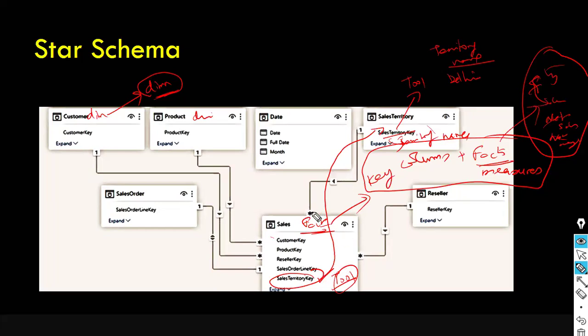But behind the scenes, since you have created a relationship, it goes, hey, T001, what is the corresponding territory name? Give me that. You can get it. That is possible only when you link the key columns of these two tables. So all the surrounding dimension tables' key columns, you need to store here. Along with that, the facts, you store in your sales table. Hence, it's called a fact table.